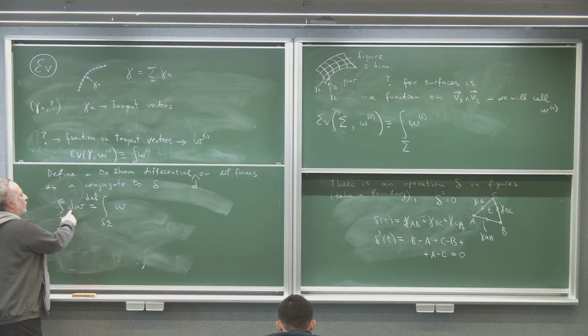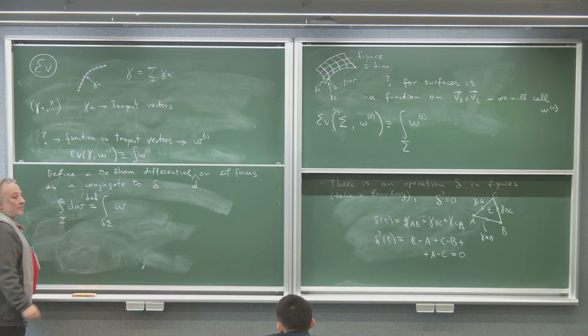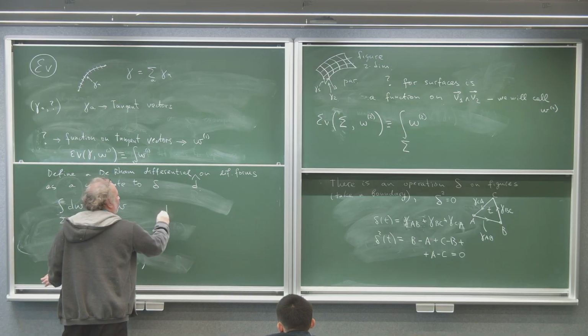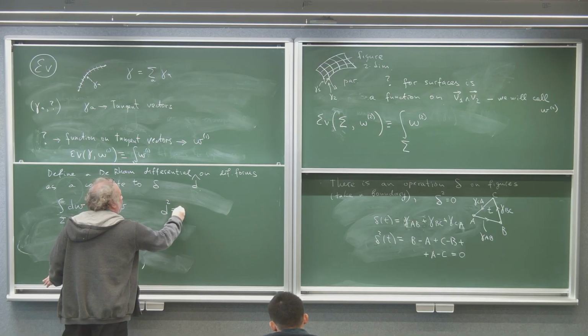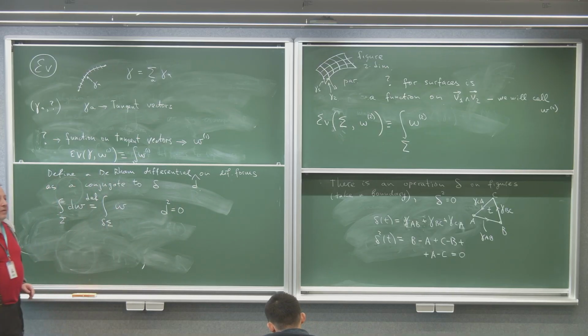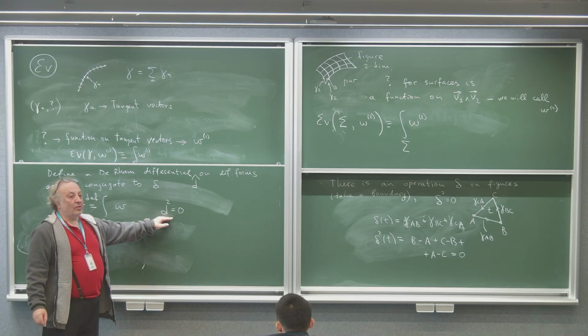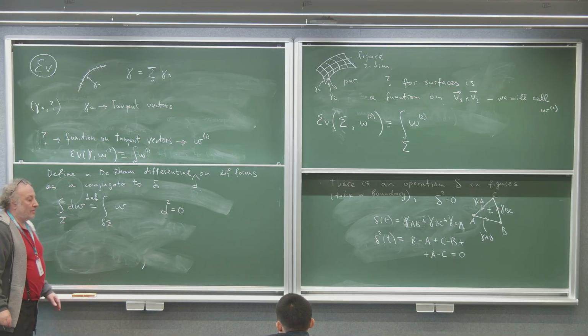You apply d 2 times, you have delta squared. So what is the theorem? The theorem is how to compute it in local coordinates.